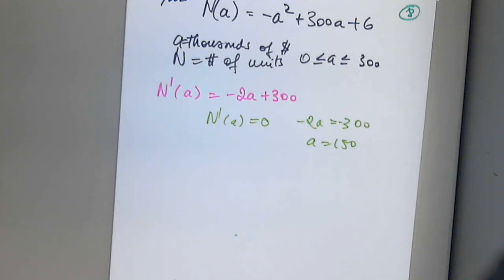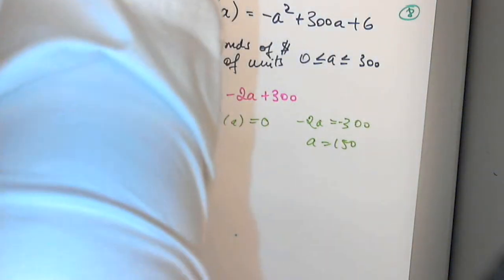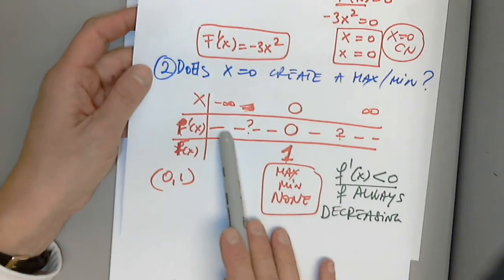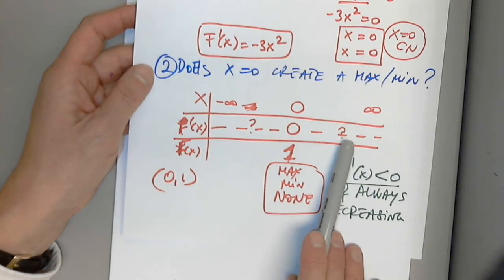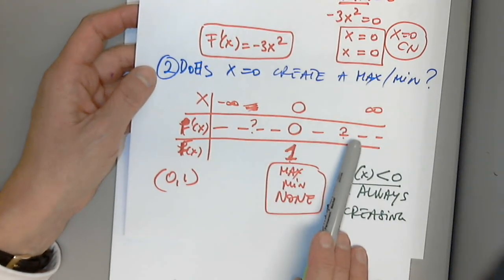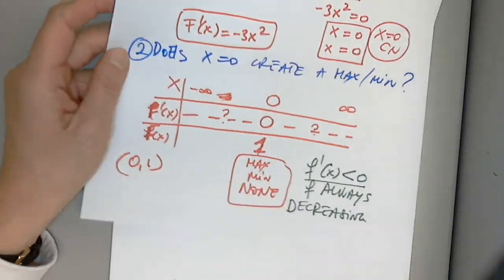Beautiful. But I don't know whether this is a max or a min. There's no guarantee. If you remember, a few minutes ago, we had an example in which we did determine a critical number, but the derivative did not change sign. Even if it's a critical number, if the derivative does not change sign, it's not a max or a min.